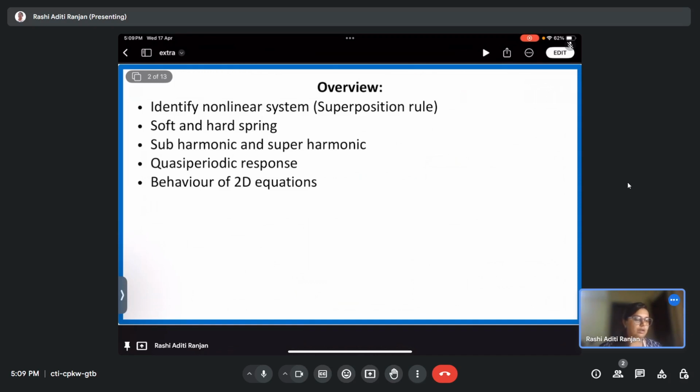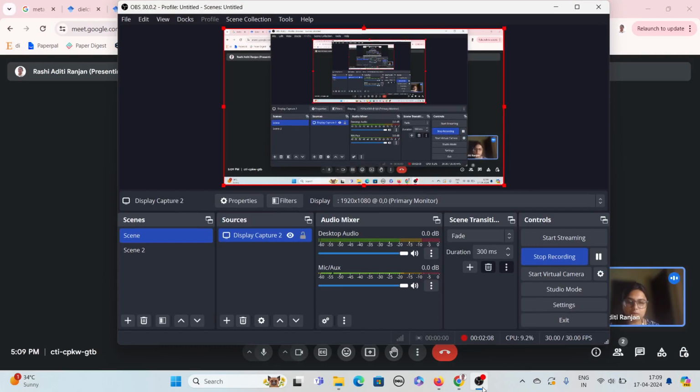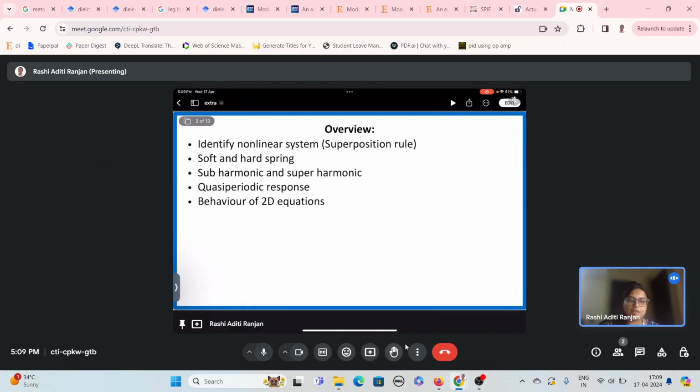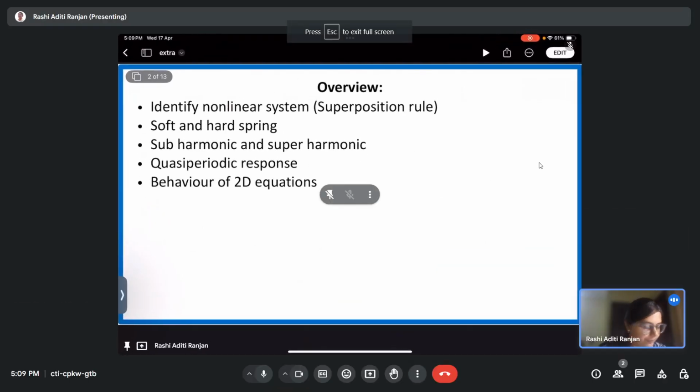We all learn mechanical vibrations in our bachelor's courses, in which we talk about how vibrations happen, how we model a vibrating system, and what cases there are. We discuss it very thoroughly in mechanical vibration. But if we have already learned that course, then what is the need to study nonlinear vibration, right?